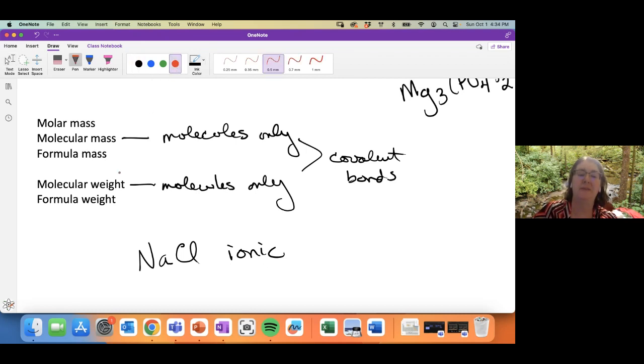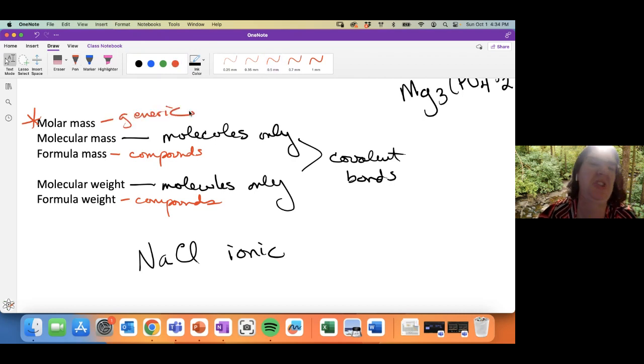So usually formula mass or formula weight are for compounds, which are also ionic, can also be covalent, but a lot of times we use molar mass because this is just generic. So the molar mass is the one that is just any of them.